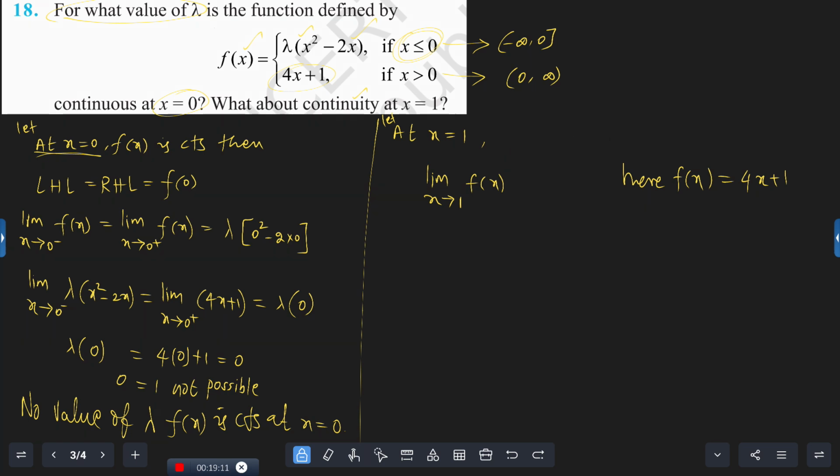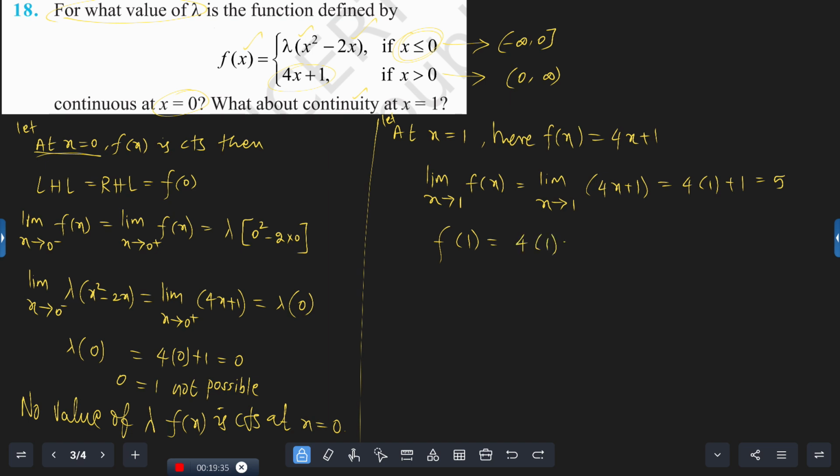Let's go one by one. Limit x tends to 1 of f of x, which is 4x plus 1, equals 4 into 1 plus 1, which is 5. And f of 1, from the same function, is 4 into 1 plus 1, which is 5 again.